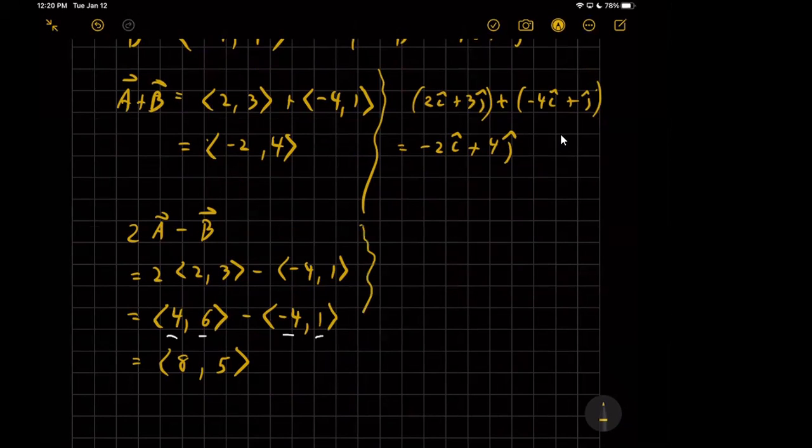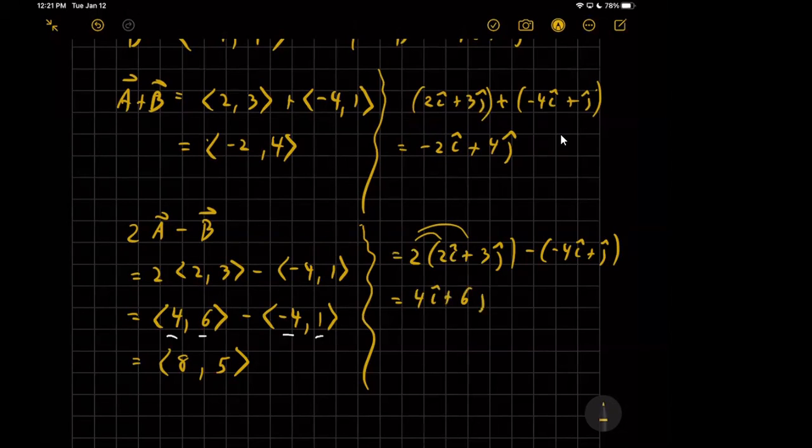Now if we do that in unit vector form, we can do the algebra directly. 2 times 2i plus 3j minus -4i plus j. And if you just now follow rules of algebra, you distribute the 2 and you get 4i plus 6j.